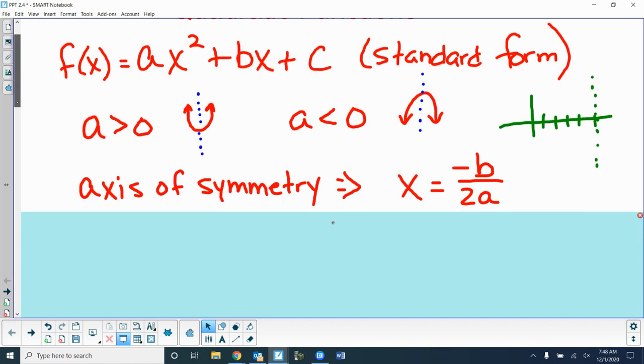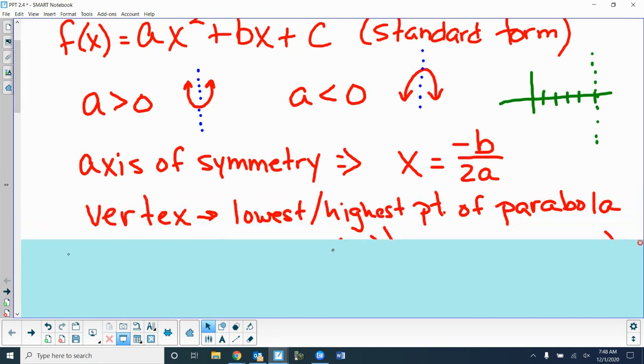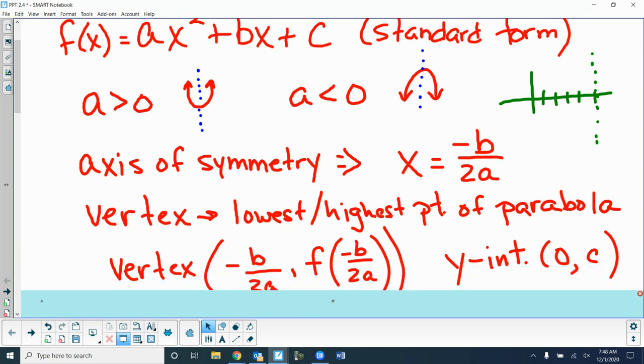Okay? Once we know the axis of symmetry, we can figure out the vertex. The vertex is right at the very bottom if it opens up, or at the very top if it opens down, and it's a point that's on that axis of symmetry. So there's a little formula also for that.